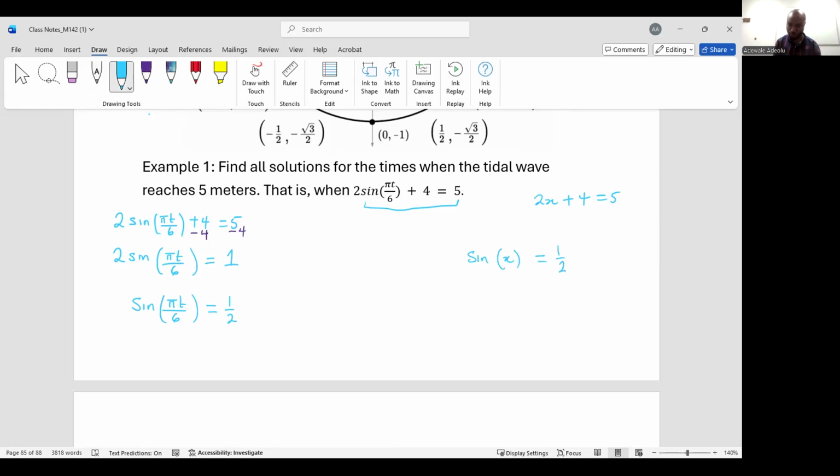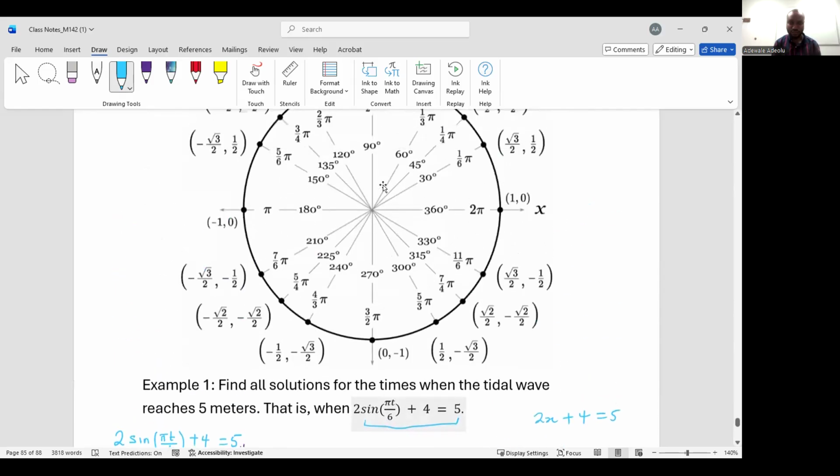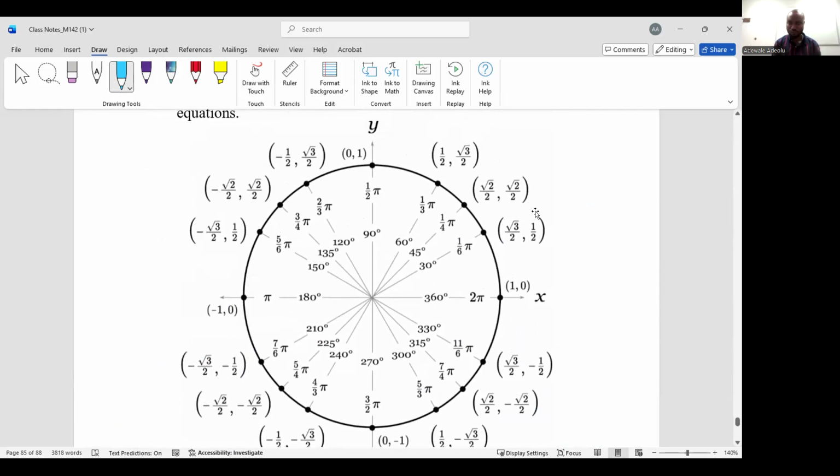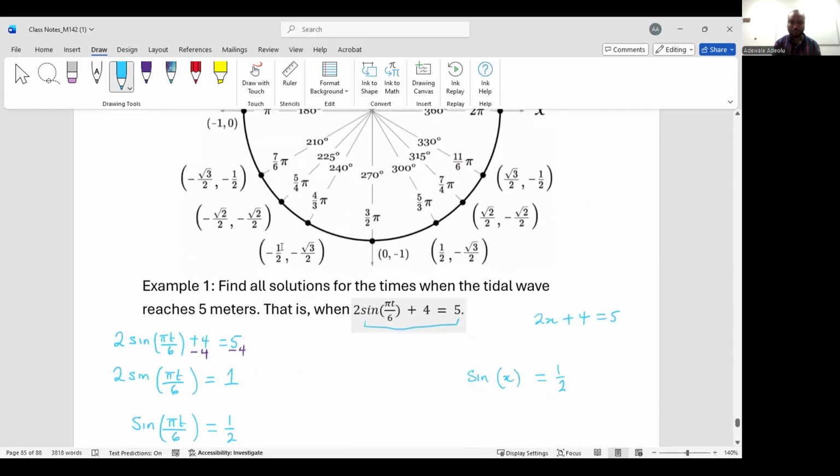I'm asking you, what angle is it that when we take the sine of that angle, it is half? And then we say, well, for the sine, it is pi over 6, and also 5 pi over 6.